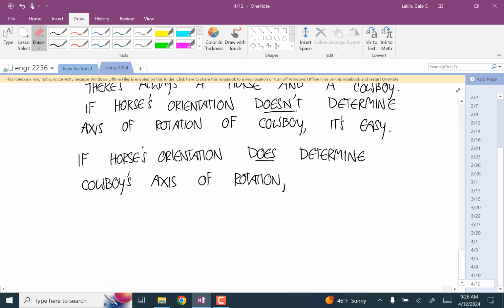So use a rotating coordinate system, and we're going to use a rotating coordinate system that's fixed to the horse.